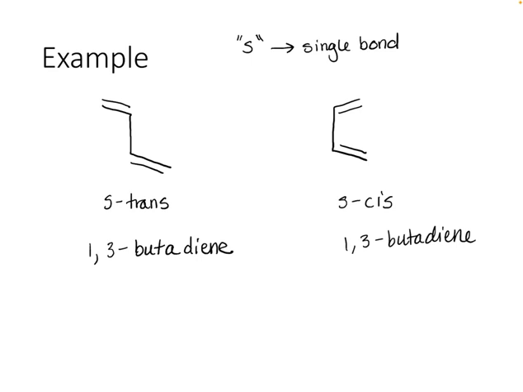Do you think S-trans is more stable, or do you think S-cis is more stable? So S-trans is more stable. But why? Why do you think S-trans is more stable than S-cis?